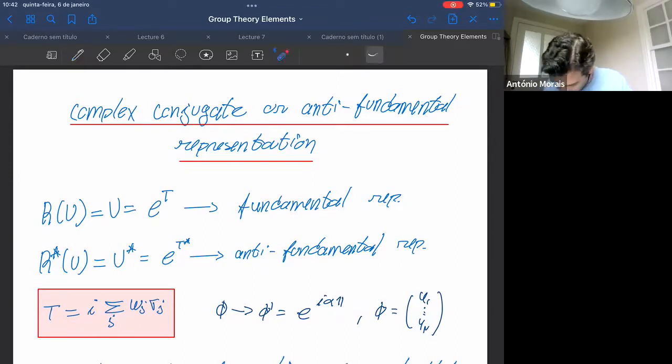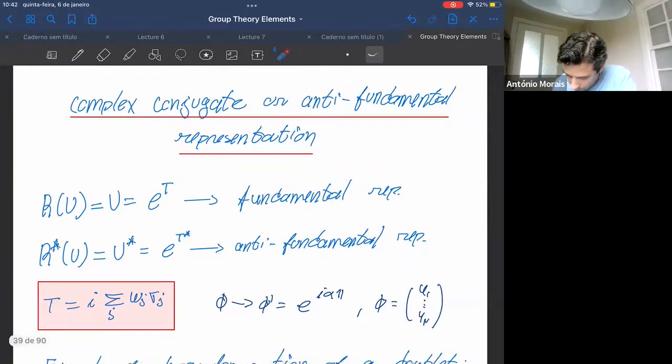So the correspondence is that these omegas correspond to these alphas, and the identity corresponds here to the Pauli matrices in the case of SU(2). This is the way of representing the representation. For the complex conjugate or anti-fundamental one, we simply complex conjugate it, and this is the definition.